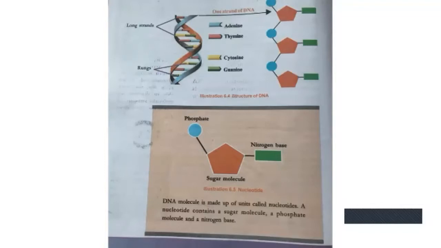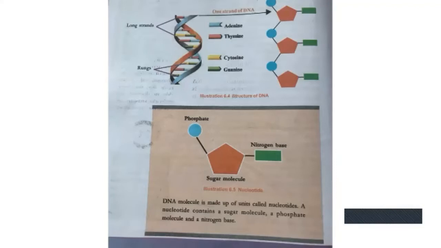In the picture you can see four nitrogen bases present in DNA: adenine, thymine, cytosine, and guanine. Once more I will repeat it for you: adenine, thymine, cytosine, and guanine are the four nitrogen bases present in the DNA.